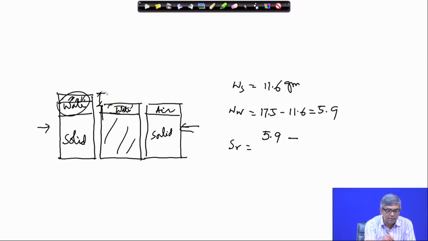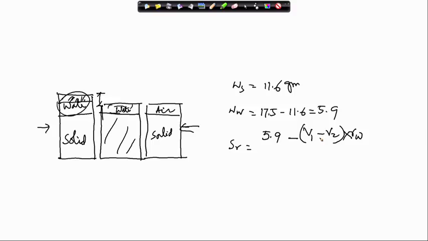I can find V1 minus V2, the volume reduced, and for this much volume, the weight of water is found by multiplying by gamma_w. The two volumes are also given, and V1 minus V2 is actually 4.44.